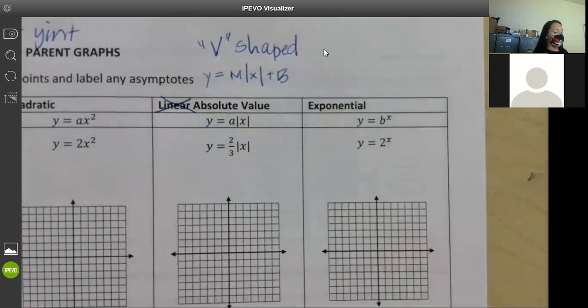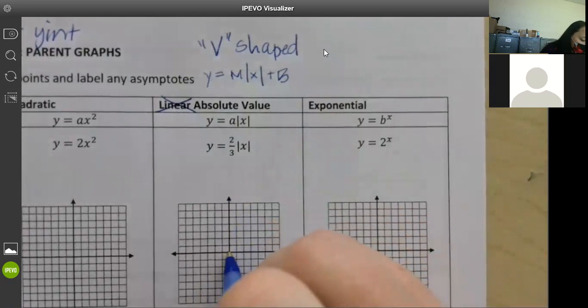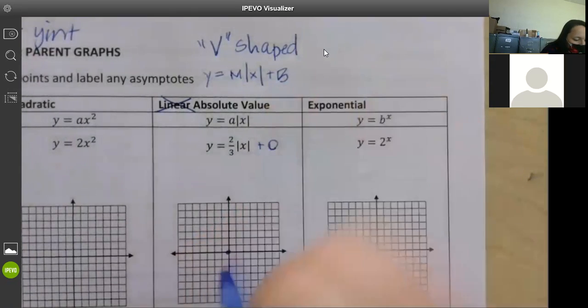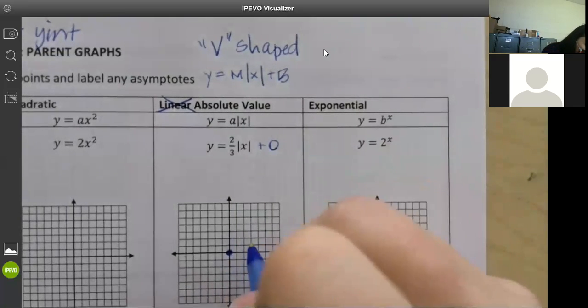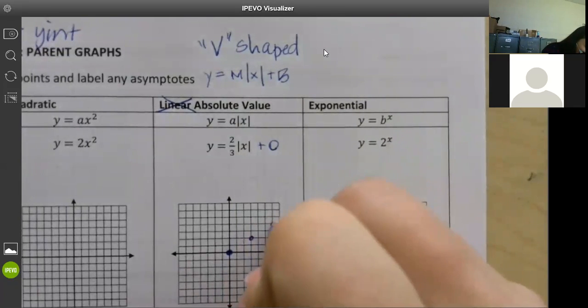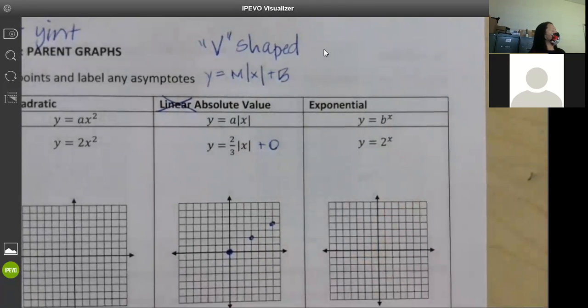They are just like linear in the fact that you start at 0, 0, because we had a plus 0 right here. And then that 2/3 tells you what your slope is. So you go up 2 and over 3. But then I told you they were V-shaped, so they're a little bit like quadratics where they mirror each other. They're symmetric on either side.